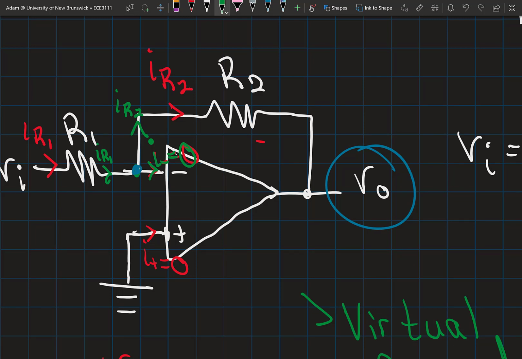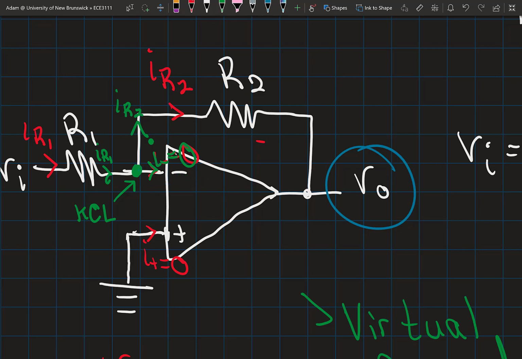Applying KCL at this node, the current into that node must be equal to the current out, and there's no current flowing into the input.